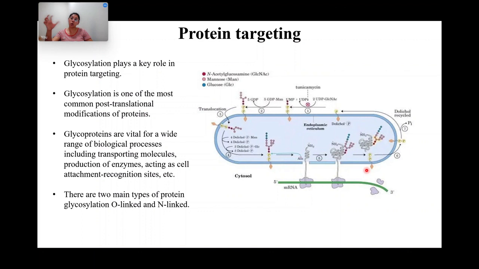Now this glycan is attached onto the N of the asparagine. In the lumen you have this pre-assembled glycan of 14 sugars, and it is attached to the newly formed polypeptide chain by a very specific enzyme, the oligosaccharyltransferase.